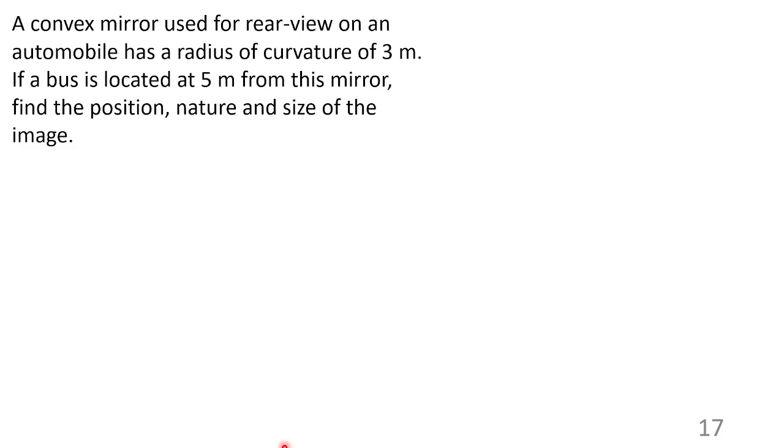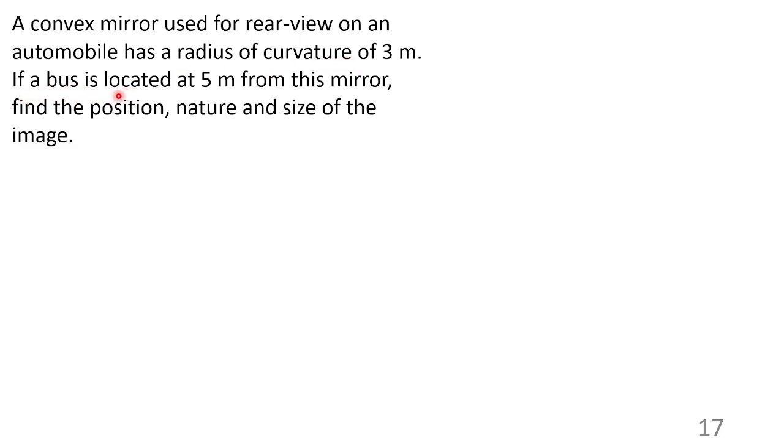Let me discuss one question. I will discuss more problems in the next class. This is taken from the textbook. Let me read it. A convex mirror used for rear view of an automobile has a radius of curvature 3 meter.